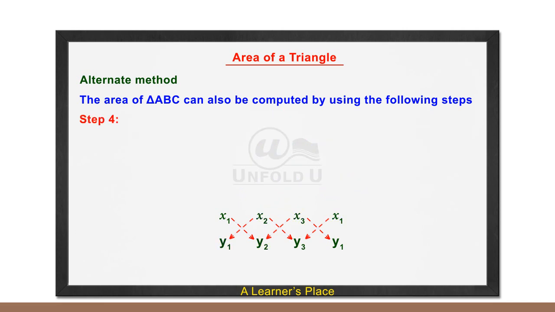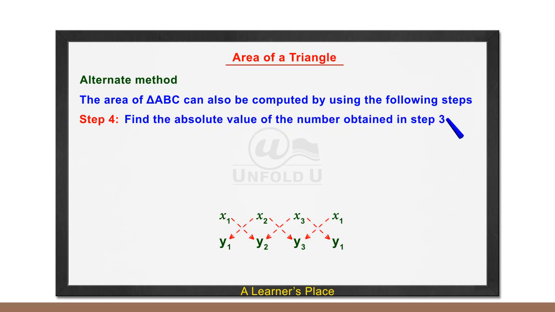Step 4. Find the absolute value of the number obtained in step 3, that is, modulus of (x1 y2 plus x2 y3 plus x3 y1) minus (y1 x2 plus y2 x3 plus y3 x1).